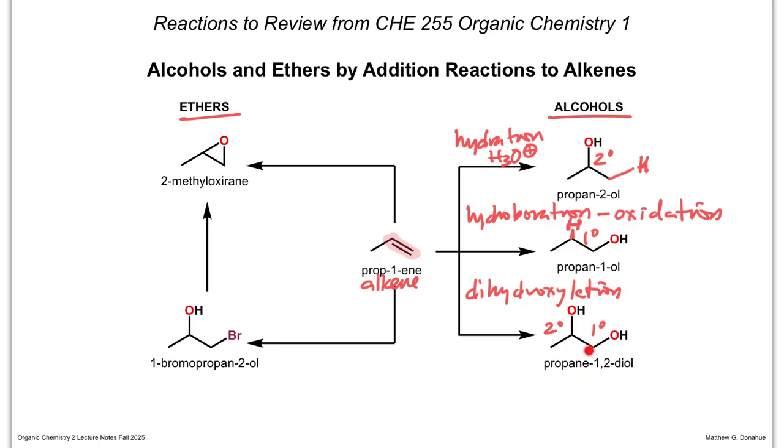But if you had to take this on further, you now have this conundrum where you have a primary and a secondary alcohol. But say you wanted to do something at the secondary alcohol but not the primary, how do you get around that issue? Or you want to do the primary and not the secondary?